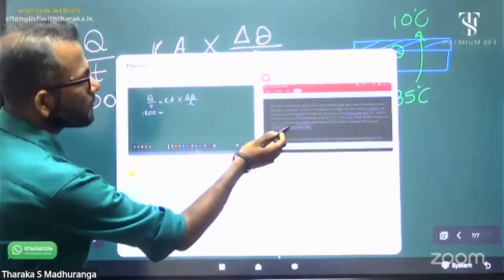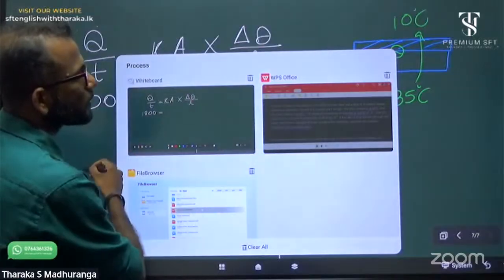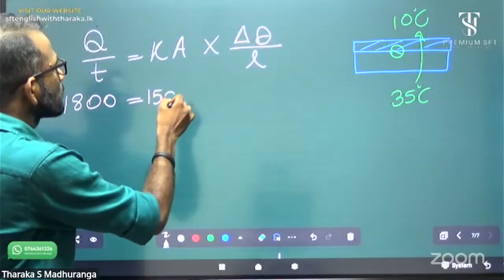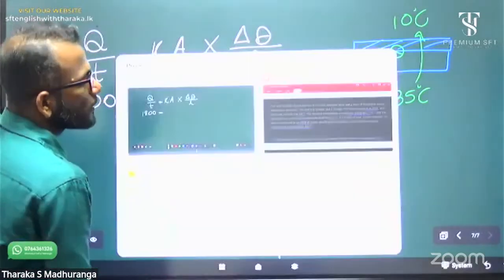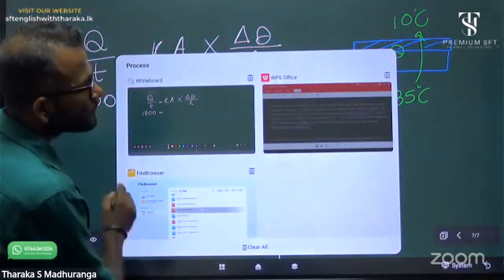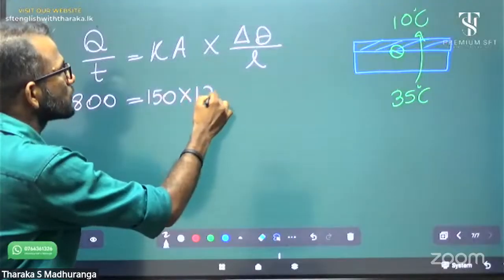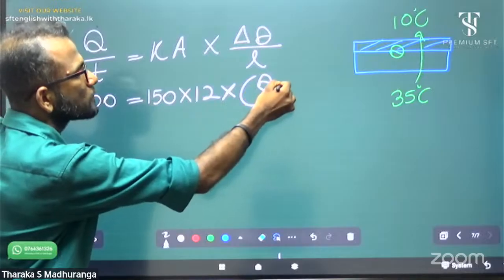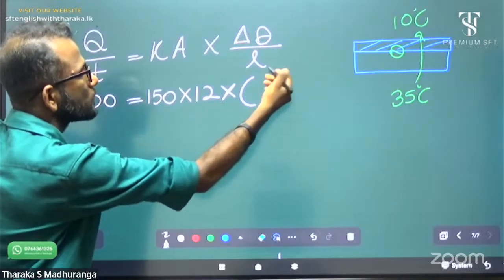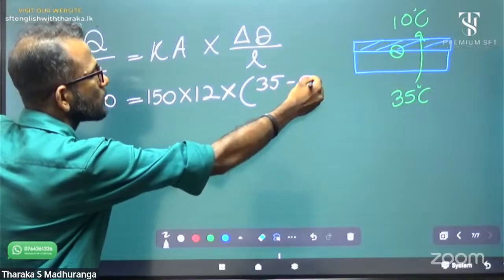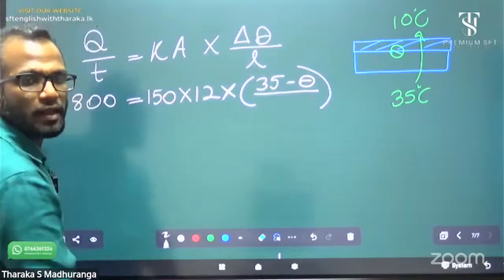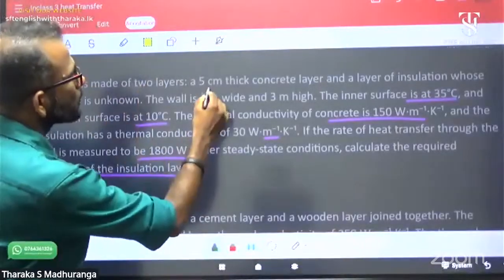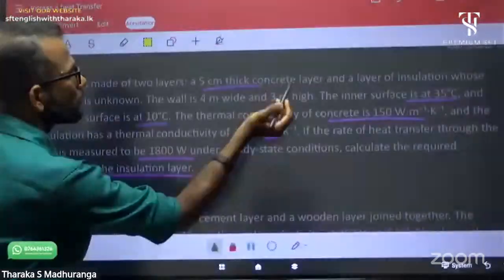K, thermal conductivity of concrete, it is 150. Cross section area is given, right? Cross section area is 4 into 3, 12. 12 into temperature difference, don't know. Theta minus, sorry, 35 minus theta. Divide by length. The length of concrete, 5 centimeter, that means 0.05.